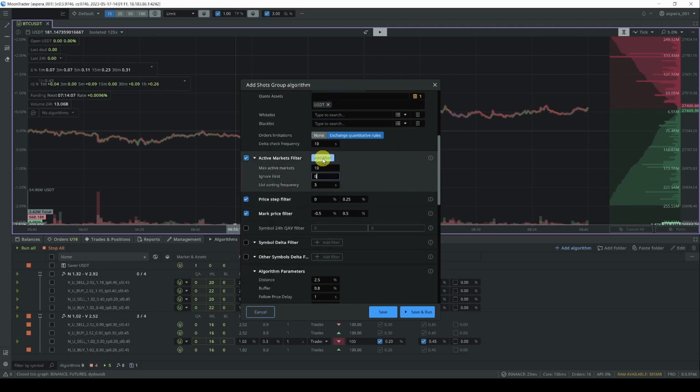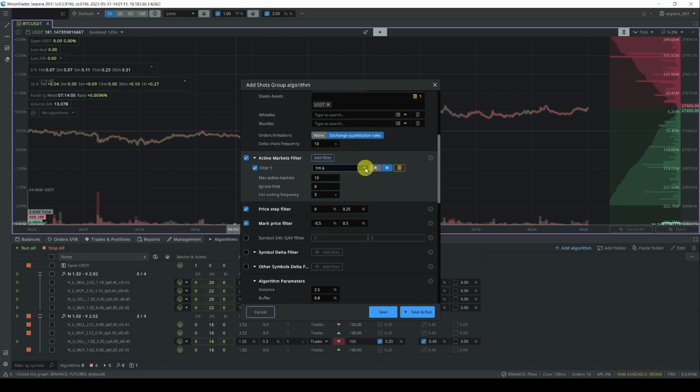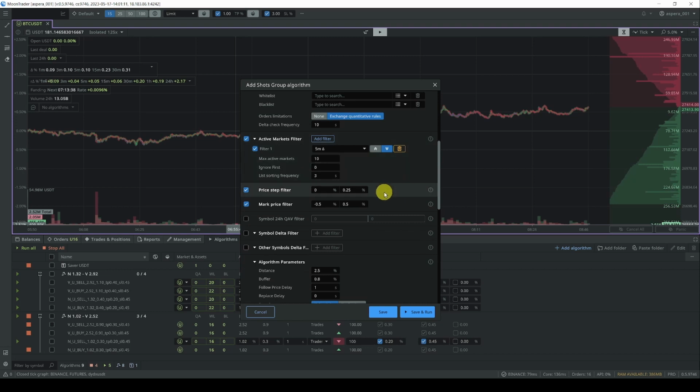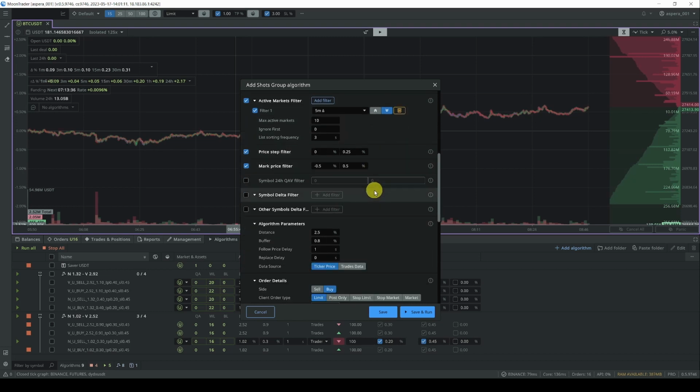Let's add the filter. I'm used to using the 5-minute delta. Where is it? Yes, 5-minute absolute delta, which in Binance terms would be the amplitude. All right. Here we are looking at the top, so most active, and if you clicked here, it would be the least active, but it's not important here. Let's leave these by default.